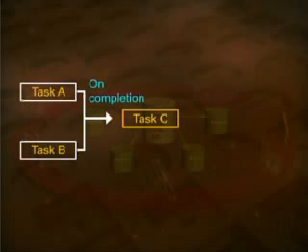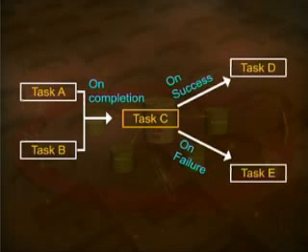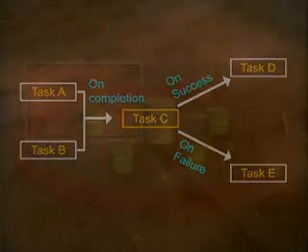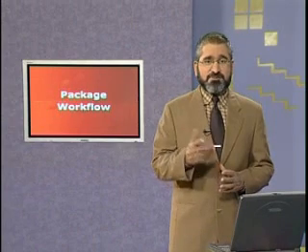When task C is going to be executed, there can be two outcomes. What are those two outcomes? It could be success or it could be failure. In the case of success, the corresponding task is executed, and in case of failure, another task is going to be executed.